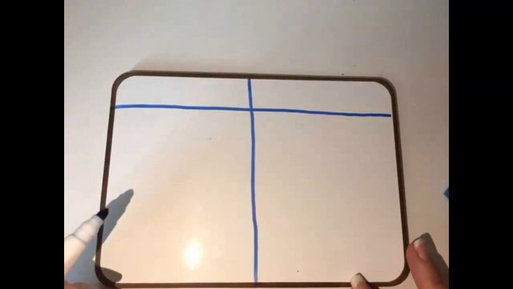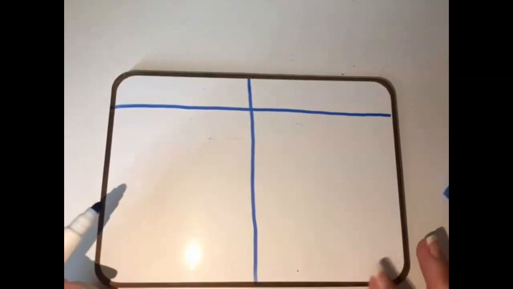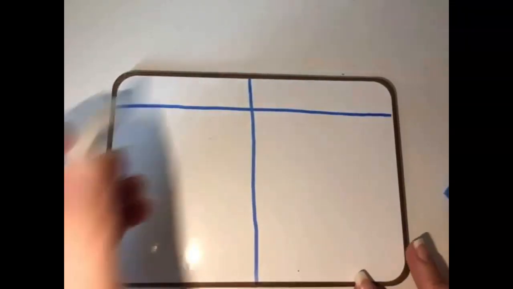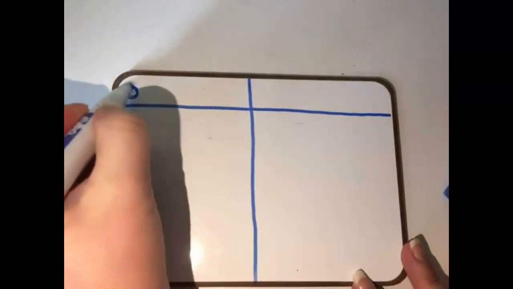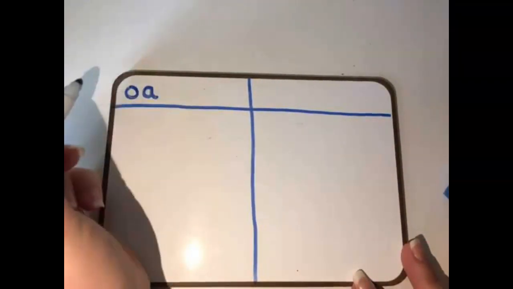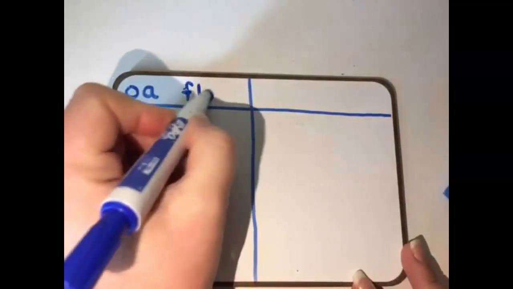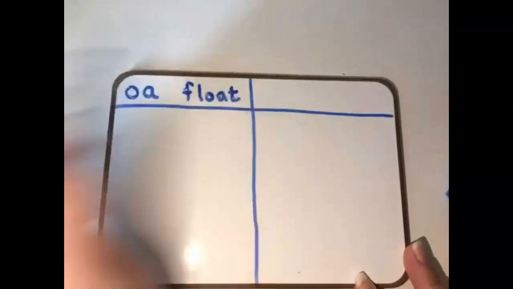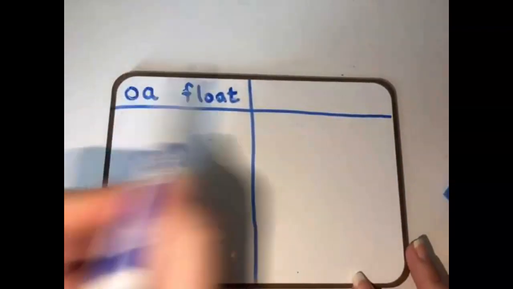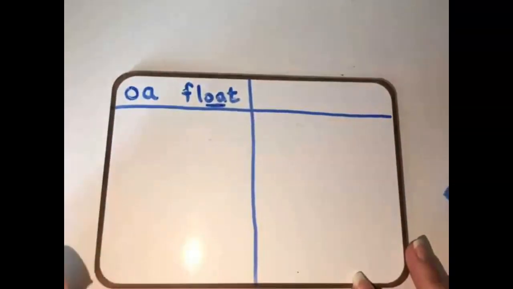So we have two main ways to write the O sound besides writing the letter O in a word. And one is O-A, as in the word float. Okay, so you can see O-A is in float right there.